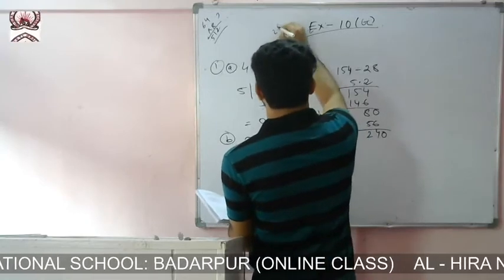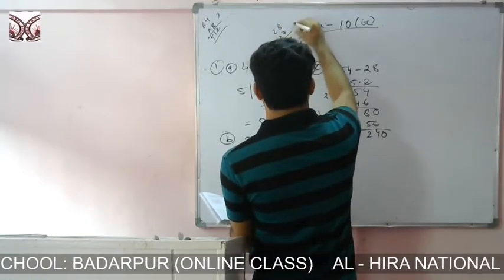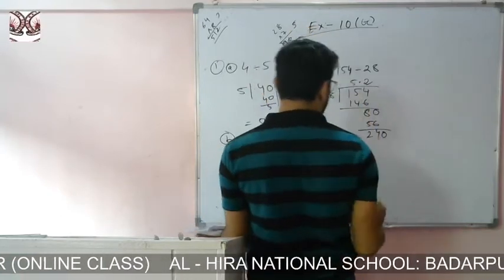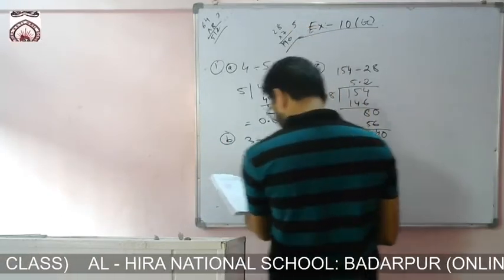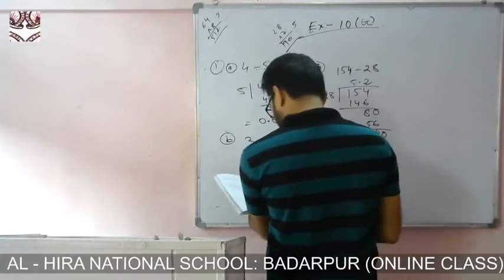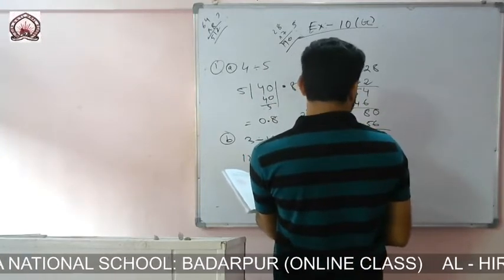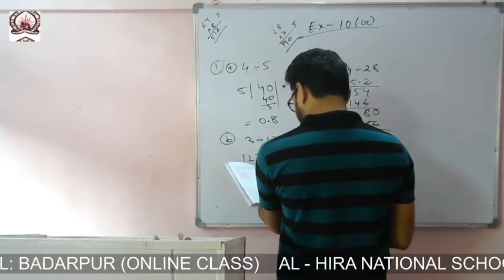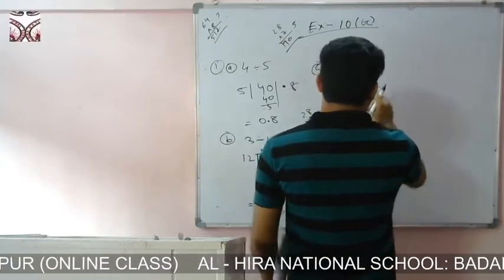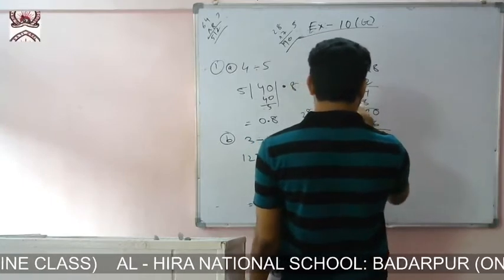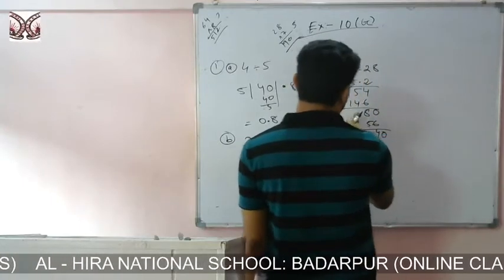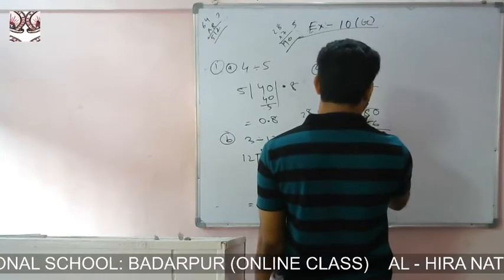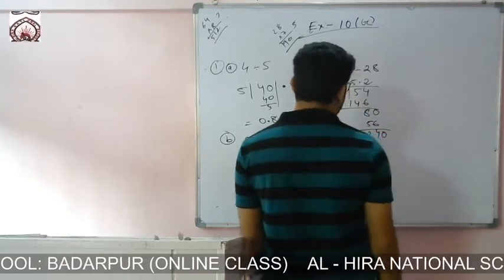28 into 7, 196. 28. Okay, 28 5s, 5 28s are what? 146. Then here what? 14, here 88, here remain what? 4.